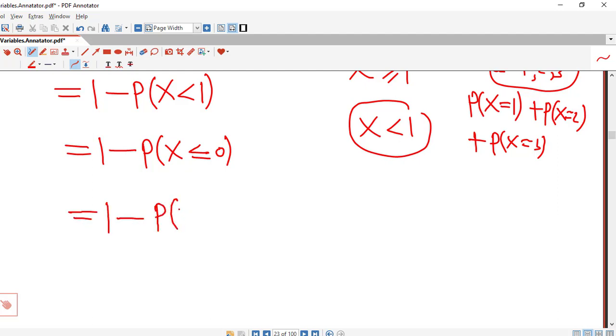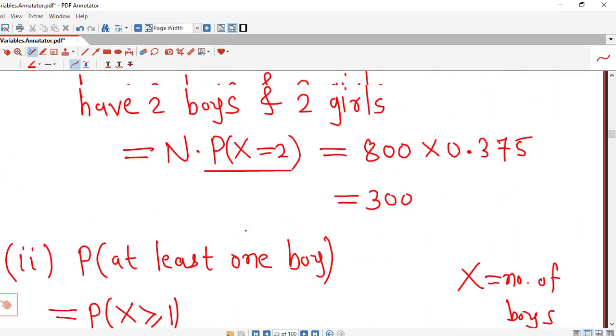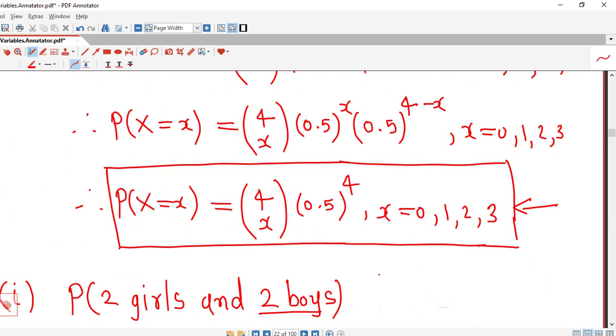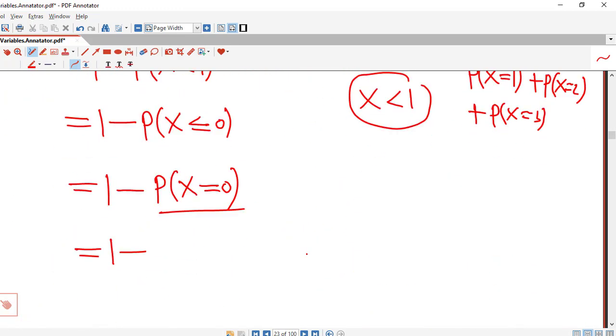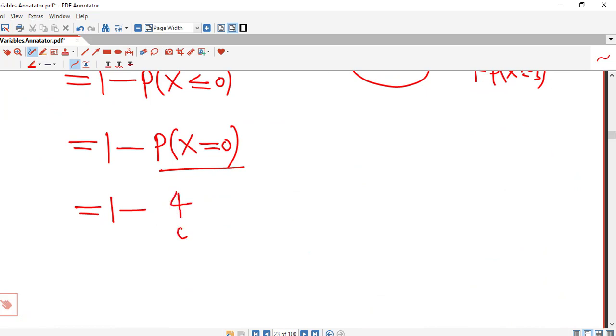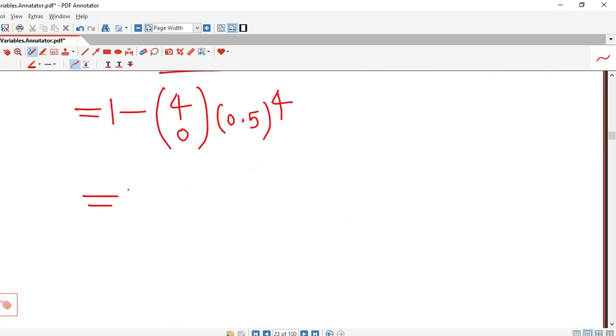We have only one value, X equal to 0, and we can find this out using the formula for the probability mass function. We put X equal to 0 here, so we have 4C0 times 0.5 raised to 4. 4C0 is 1, so we have to find 1 minus 0.5 to the power 4.